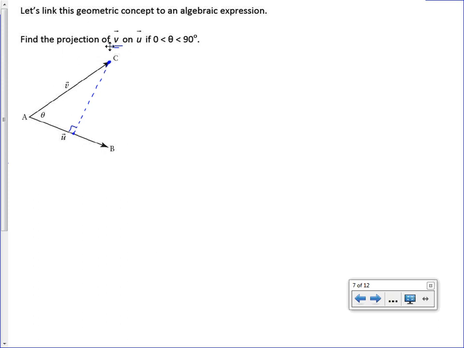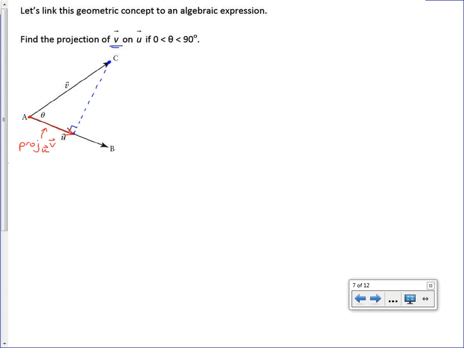Now, if I start at the tail of vector v, and I go along vector u until I hit that point, this little red vector I just created is the projection of v onto vector u. I just have drawn it.